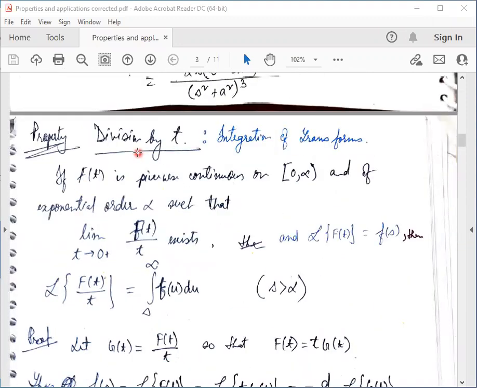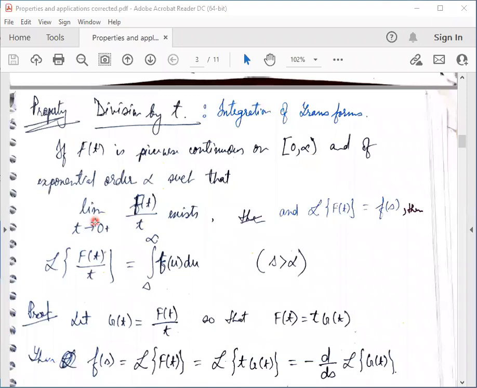For this, we assume that f(t) is piecewise continuous on the interval 0 to infinity, 0 is included, infinity is not included, and it is of exponential order alpha, such that the right hand limit, when t tends to 0, of f(t) by t exists.